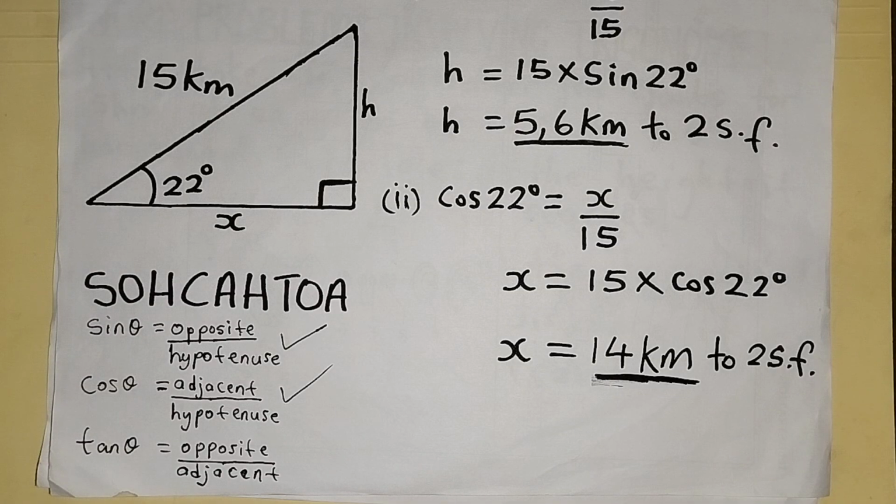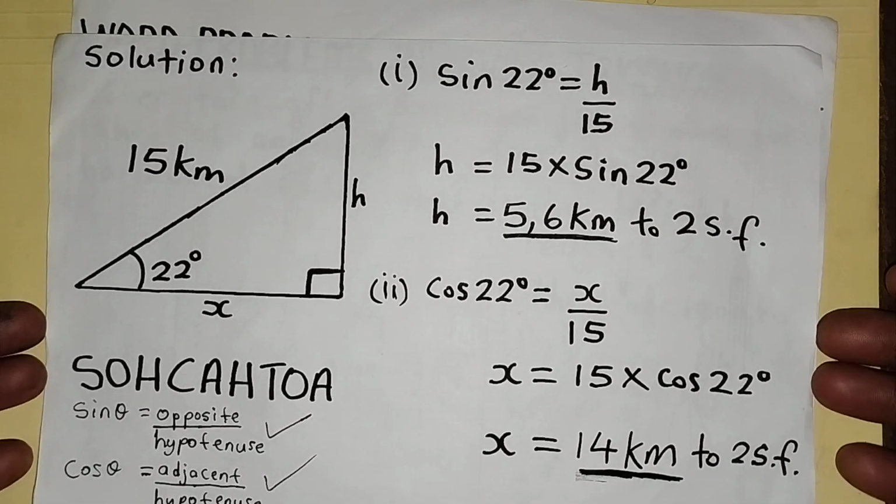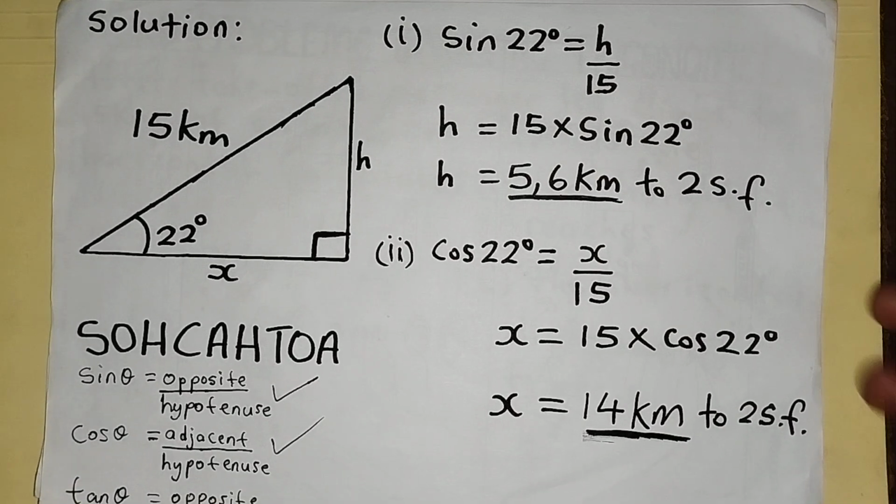So the perfect or the right trigonometric ratio to use in the first part of the question is the sine ratio. Here it says sine theta equals opposite side over hypotenuse. Theta represents the given acute angle, which is in this case 22 degrees. So you are going to use the sine ratio. Okay, so let's proceed.